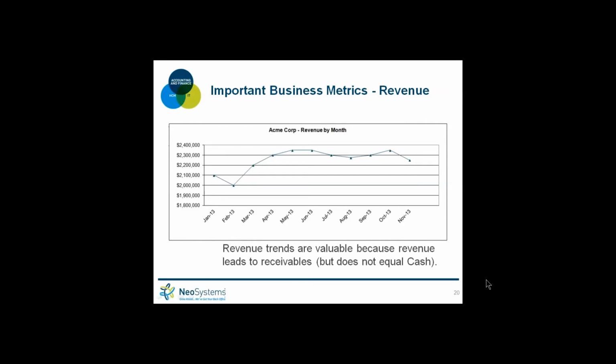Revenue trends are valuable, and in this chart it's a revenue trend by month. They're valuable because revenue leads to receivables, and revenue doesn't really equate to cash, but it leads to receivables. So when you look at a labor utilization chart, your revenue should really follow your labor utilization.